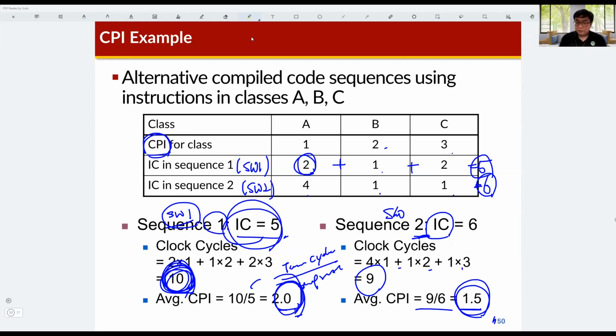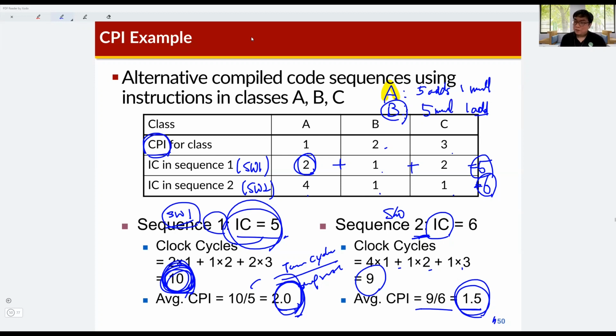Why? So this is application A and this is application B. Different applications have different fractions of instruction types, okay? For example, application A has 5 adds and 1 multiplication, and application B has 5 multiplications and 1 add instruction.